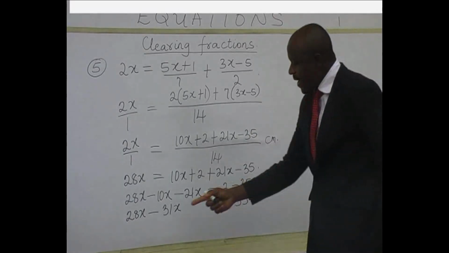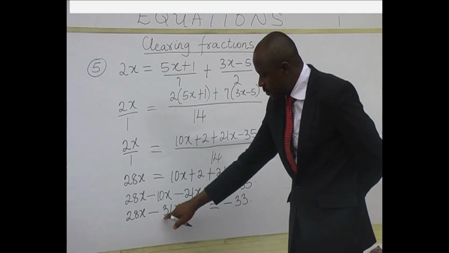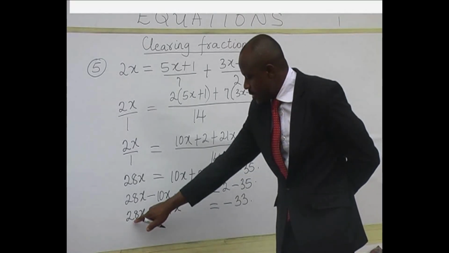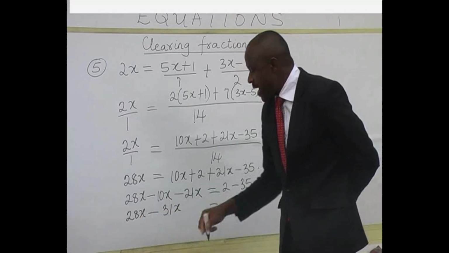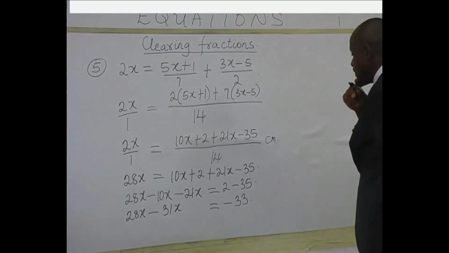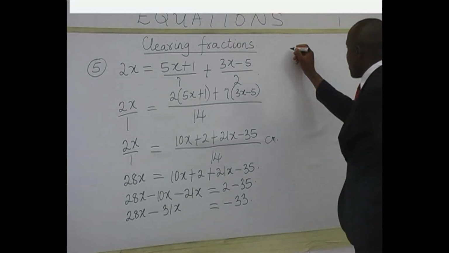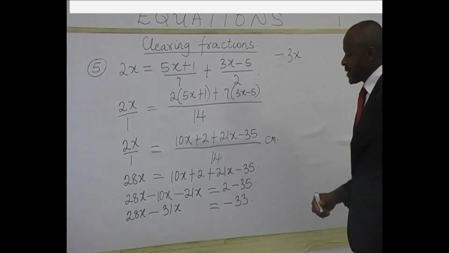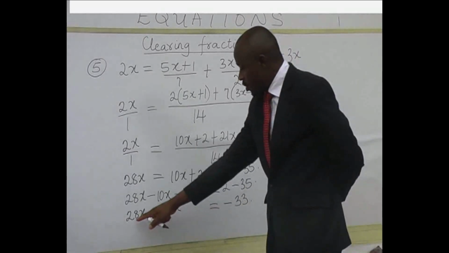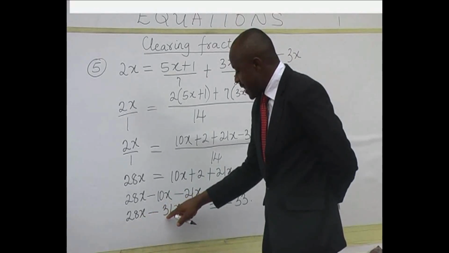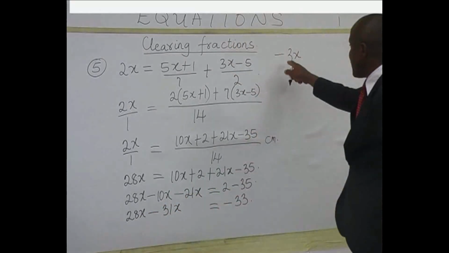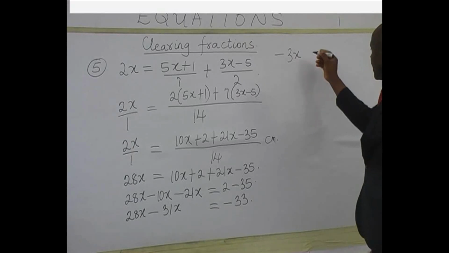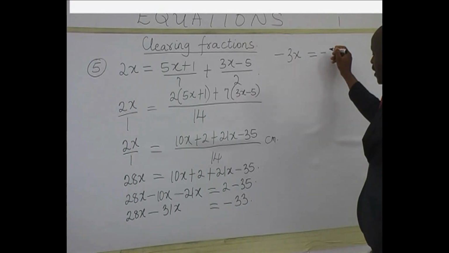Okay? Now in this case, remove 31 from 28. You'll be left with 3. That means we're going to have 3x, and that's going to be minus 3x, because 28x minus 31x will give you minus 3x, is now equal to minus 33.